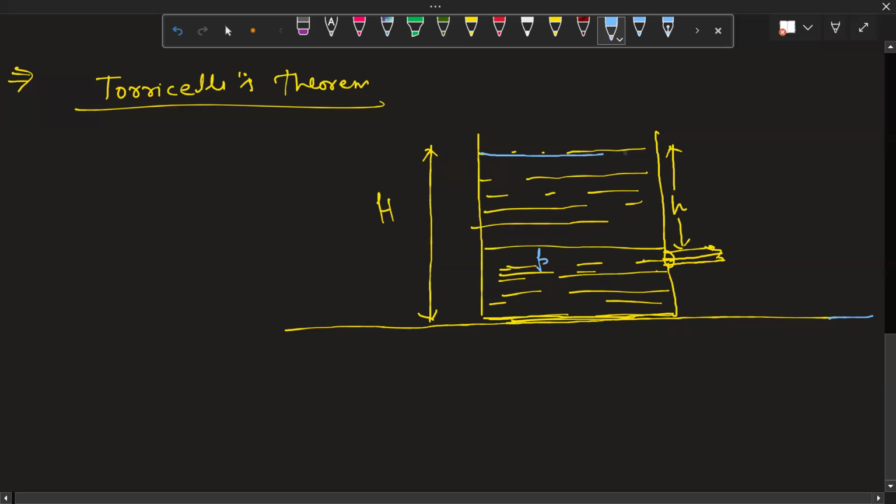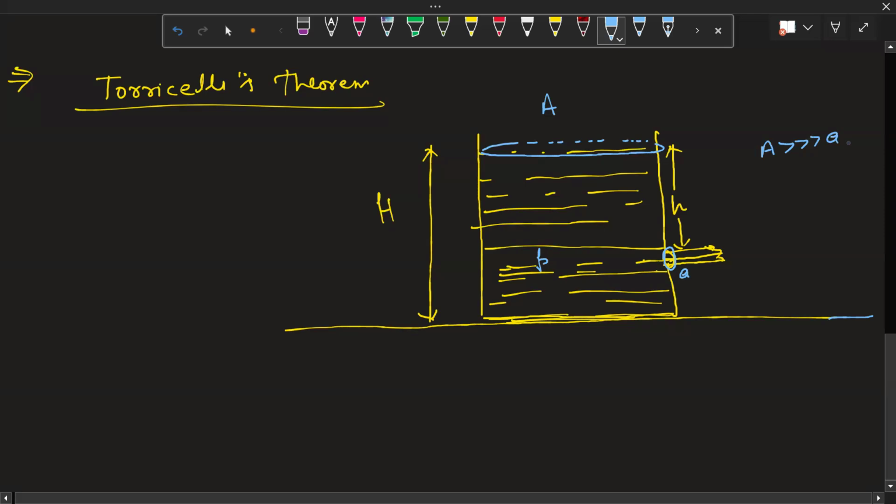The area of cross section of the tank, capital A, is quite large as compared to the area of the cross section here, small a. So capital A is far, far greater than small a.